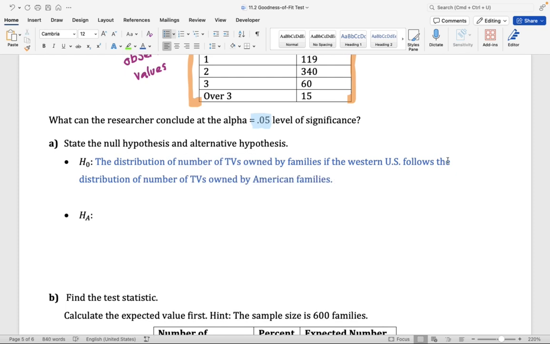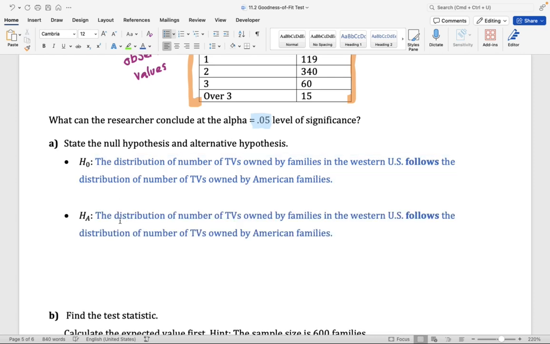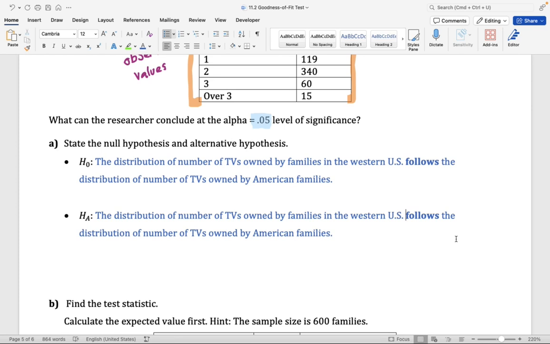So again, notice I'm saying the data coming from families in the Western United States follows the distribution coming from all American families. Now, the alternative hypothesis is going to look the same. However, we're going to say that the distribution does not follow the distribution of number of TVs owned by American families.